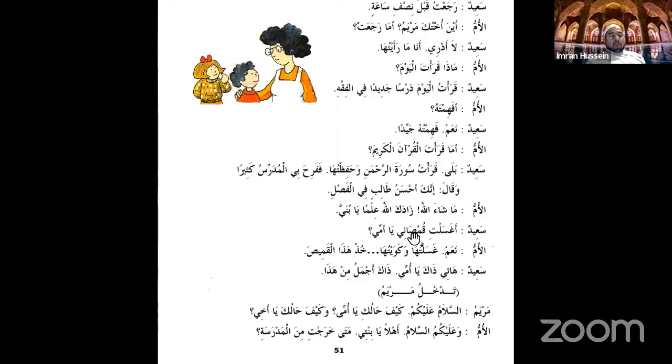Kawaituha, the ha is referring back to the shirts. Ghasaltuha, we washed it, meaning the shirts. Wa kawaituha, and we ironed it. Take this shirt. Give me that one, mother. That is more beautiful than this.